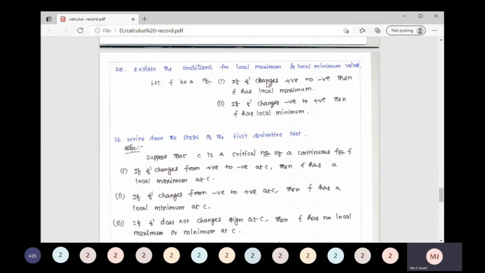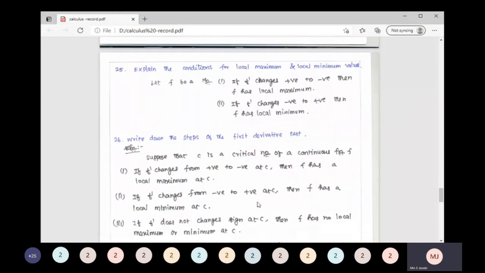Or whenever f' changes from negative to positive, then the given function f has a local minimum. Local maximum means positive to negative, and local minimum means f' changes from negative to positive. Okay, this is the condition for the local maximum and minimum.